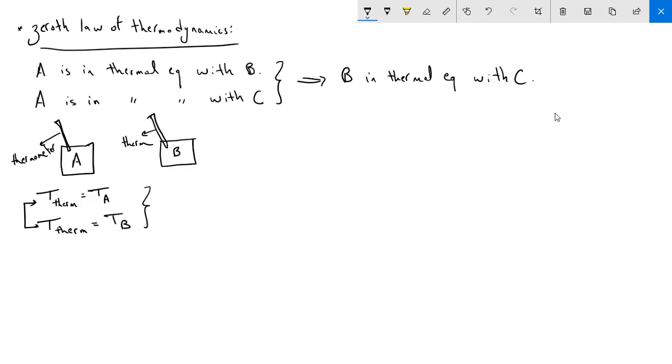So we can say that TA in this case is equal to TB. That's the application of the zeroth law of thermodynamics.